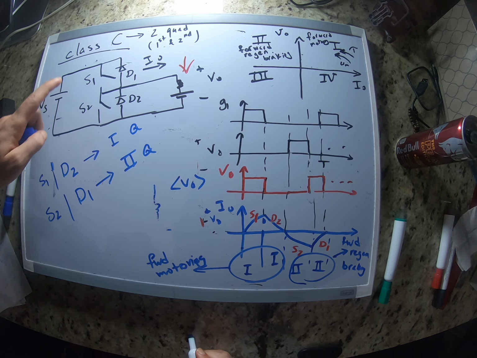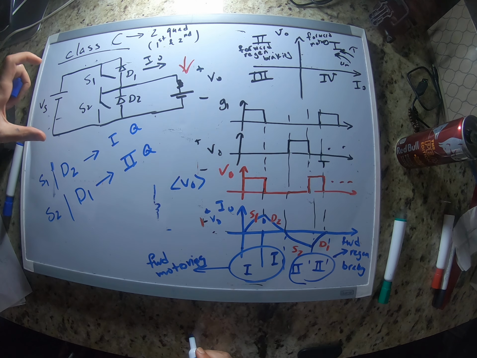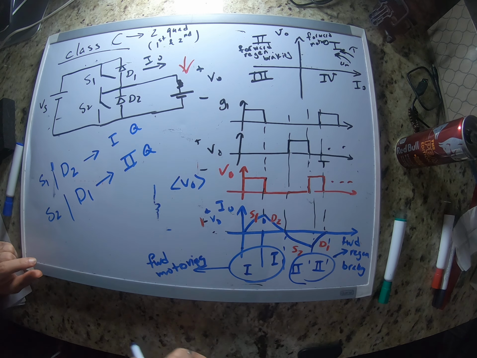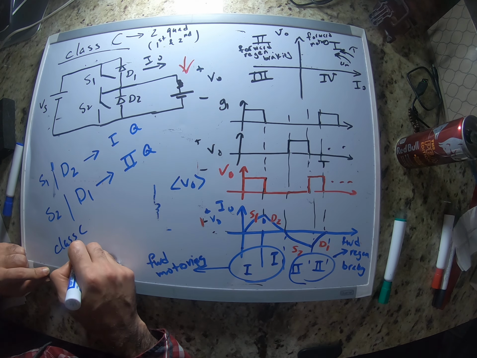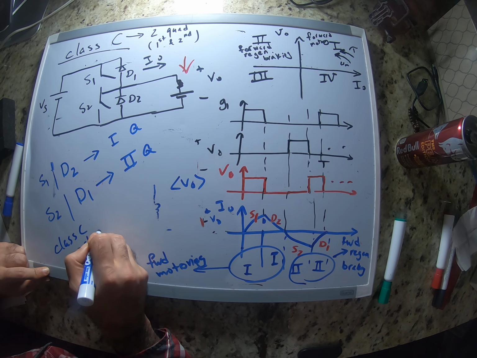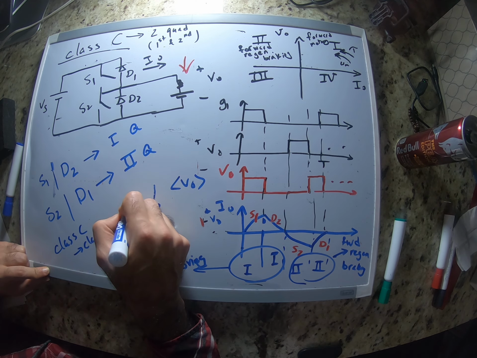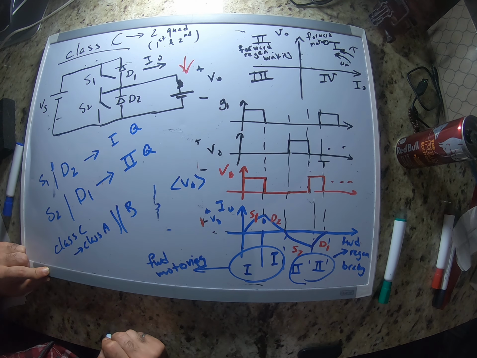So if you look closely at class C and compare this circuit with class A and class B, you find out that class C is basically class A and class B put in parallel. Right?